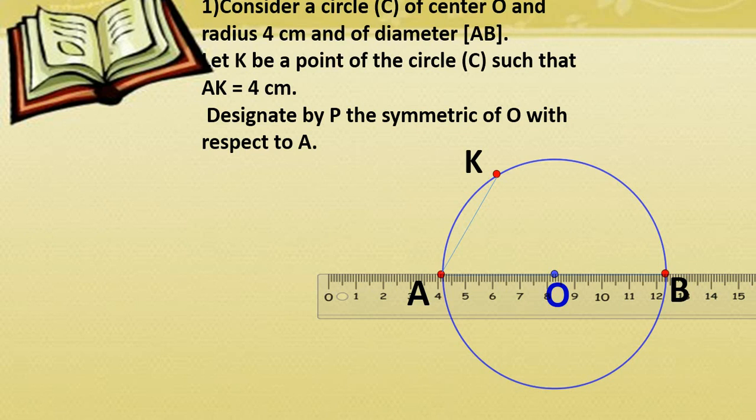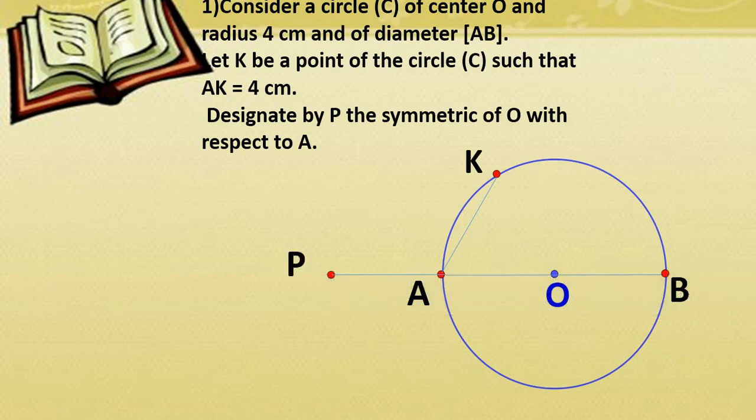So we have to draw 4 cm from A to the outside of the circle. The same distance will be P. So AP is equal to AO because P is the symmetric of O with respect to A.